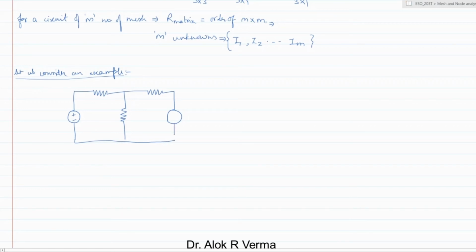This is 4 ohm. This is 10 ohm. And this resistance we assume as 5 ohm, with a battery of, for example, 8 volt, and at this side 6 volt. So this is the given circuit.